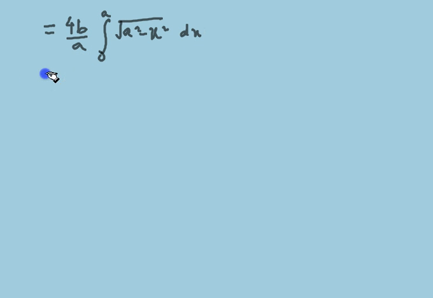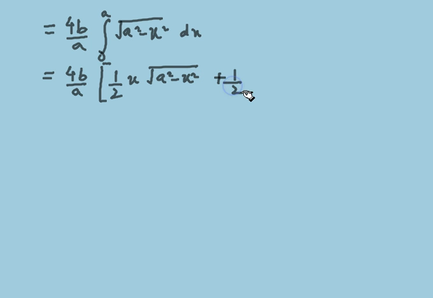This is equal to 4b by a into the integral value of this expression, which is 1 by 2 x root of a square minus x square plus 1 by 2 a square sine inverse x by a with limits 0 to a.